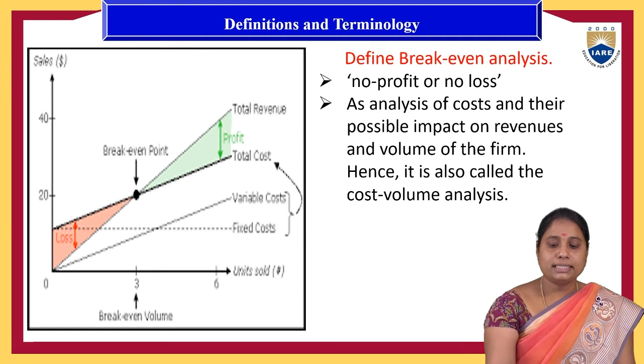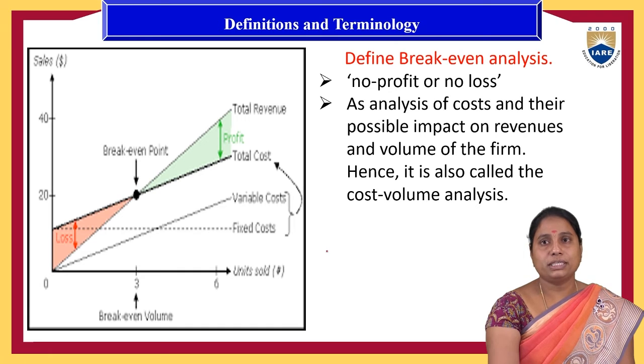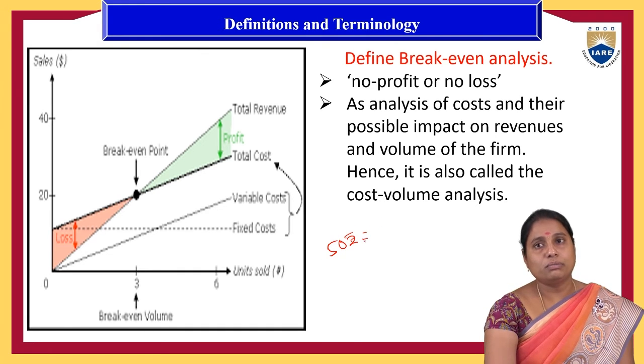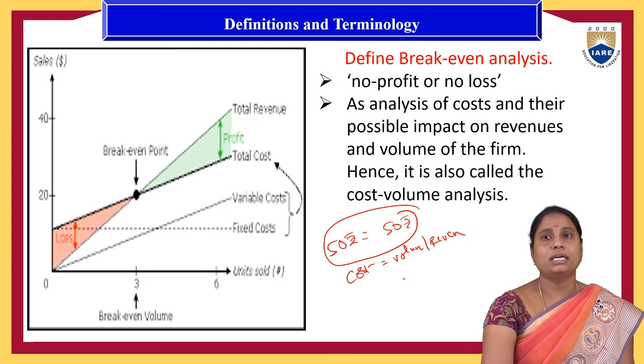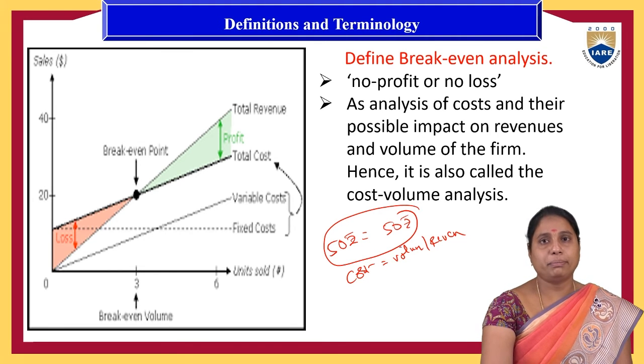For example, if the expenditure incurred on the product is 50 rupees and the product is sold for 50 rupees only, then cost is equal to the revenue. Here there is no loss, no gain. That point is called the break-even point.